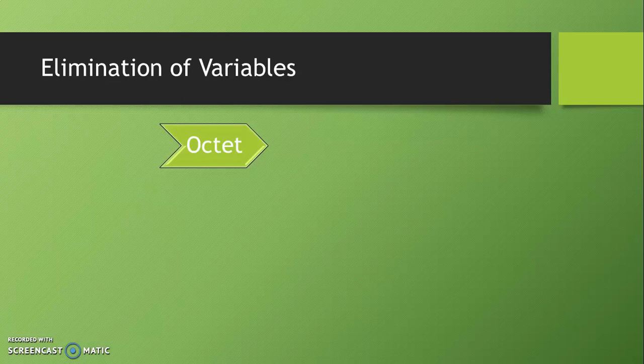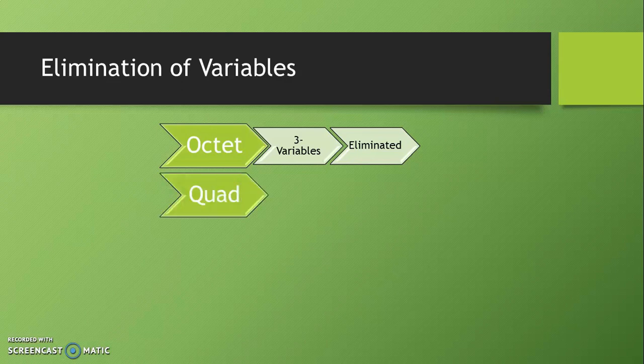If we select an octet, then 3 variables can be eliminated. The reason behind why we select a group as large as possible is this: if we select an octet, then 3 variables at a time can be eliminated, so simplification is very fast. If we select a quad, then 2 variables can be eliminated.